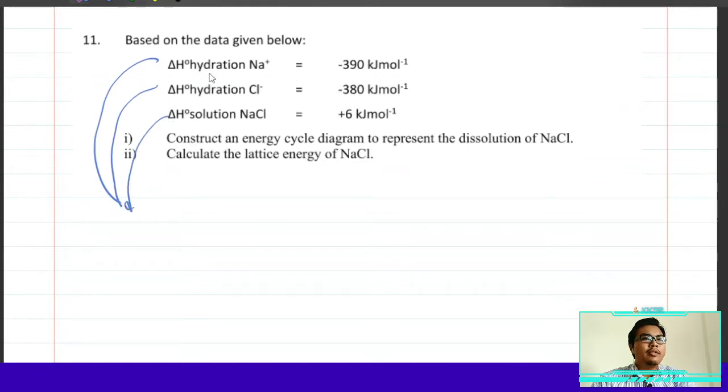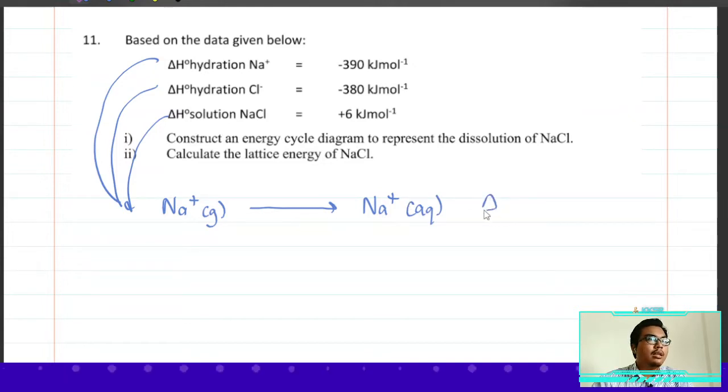Okay, so let's say for hydration of Na, hydration of Na started from the sodium ion in the gas phase, and then we hydrate them by adding water, making the sodium ion gas form sodium ion aqueous. Okay, so this is the process of hydration, and then we have the enthalpy value of negative 390 kilojoule per mole.